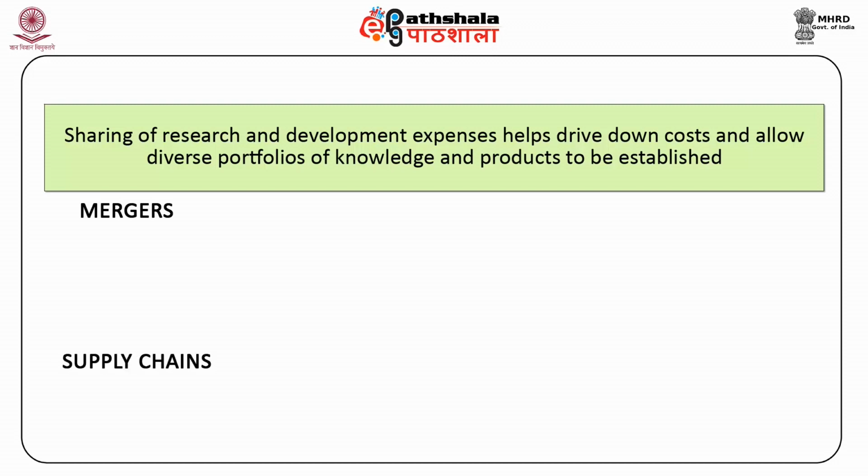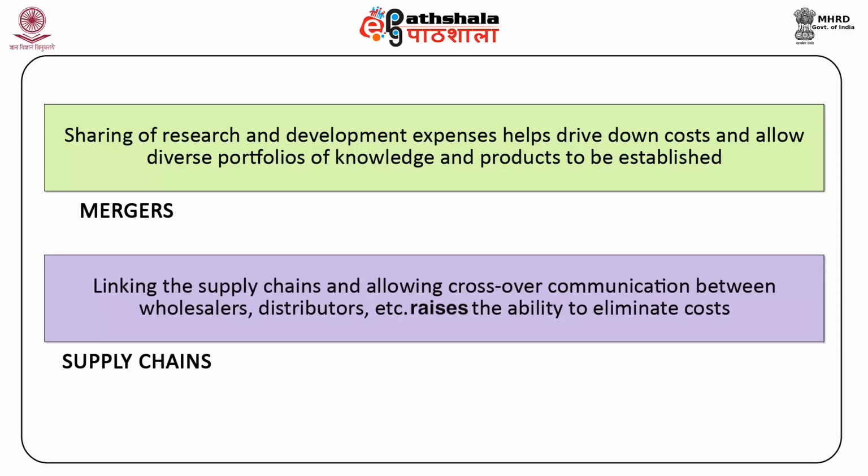Supply chains: linking the supply chains and allowing crossover communication between wholesalers, distributors, etc., raises the ability to eliminate costs. It is less expensive to have businesses operate their supply chains under the same umbrella rather than to have to operate independently.